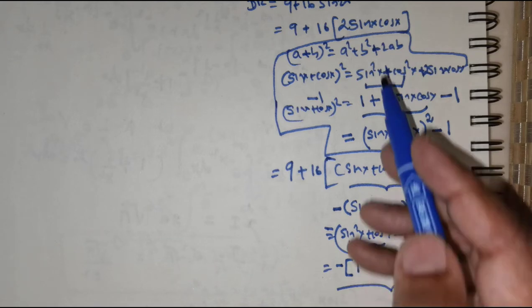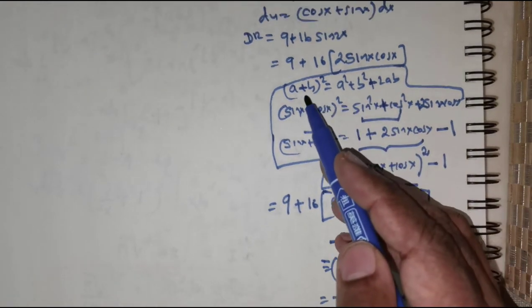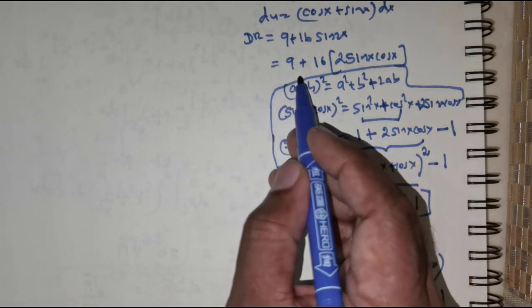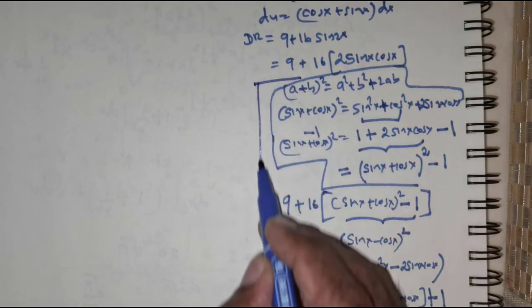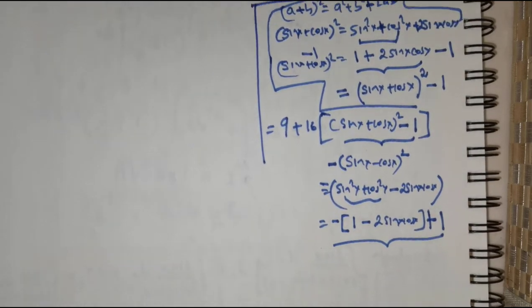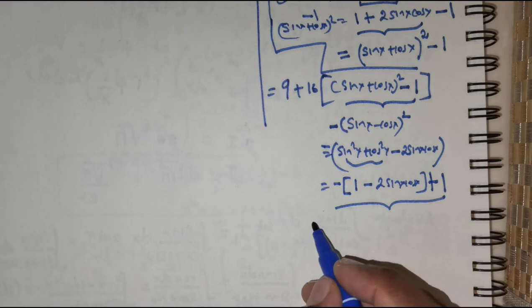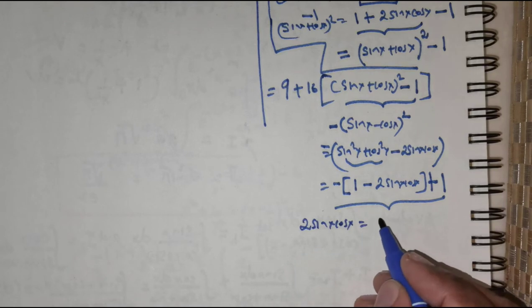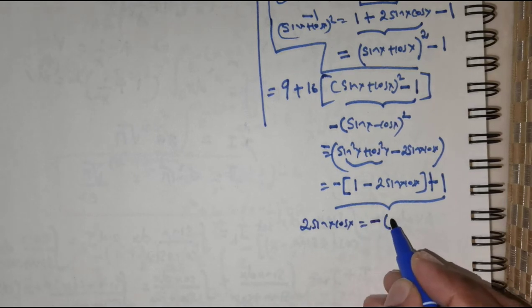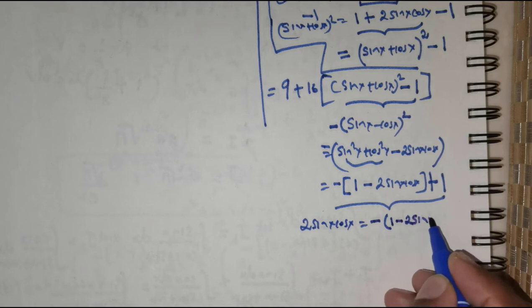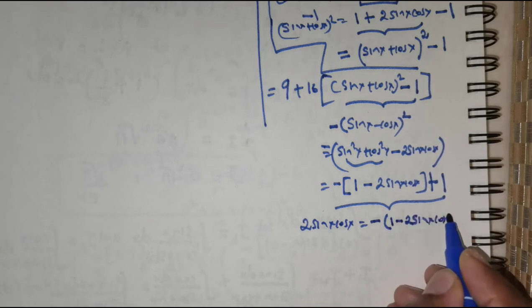Of course, I need not have started with a positive b raised to the power of 2, but that is just to make understanding a little bit systematic. So what have we got here? I'm going to rewrite 2 times sin x cos x as negative of 1 negative 2 times sin x cos x, right?